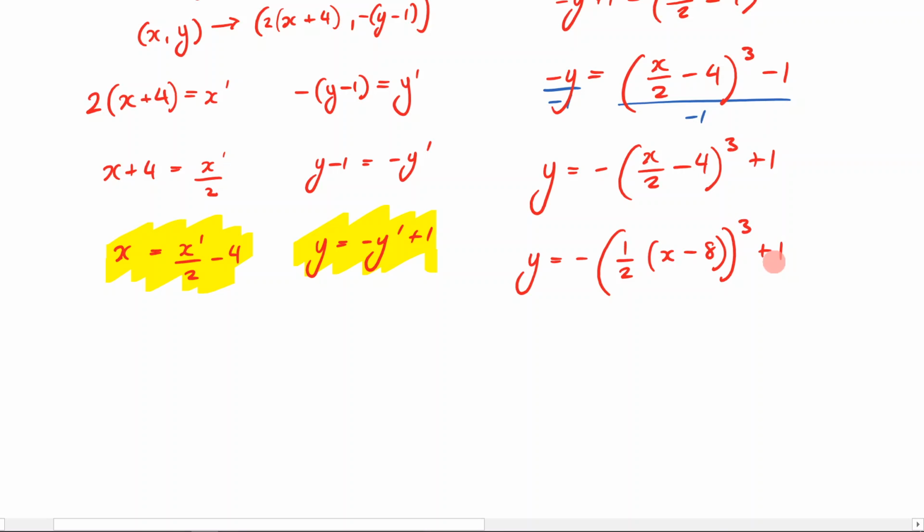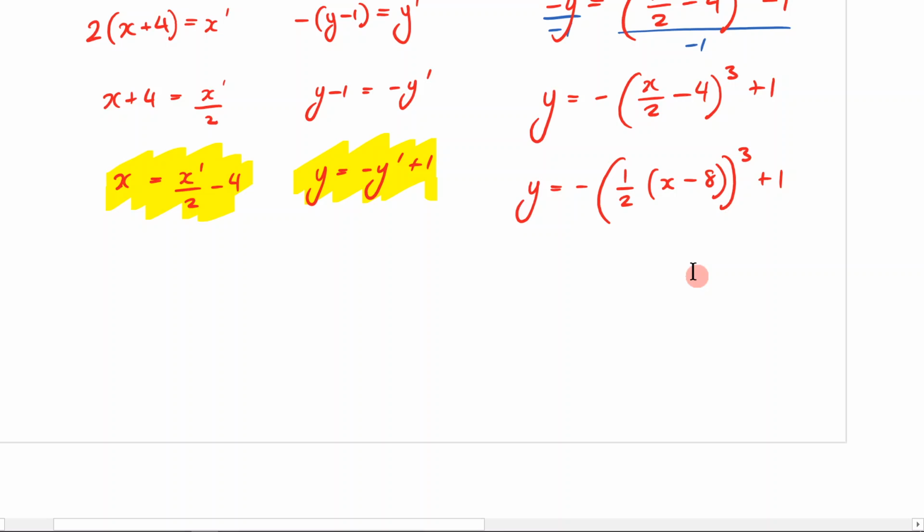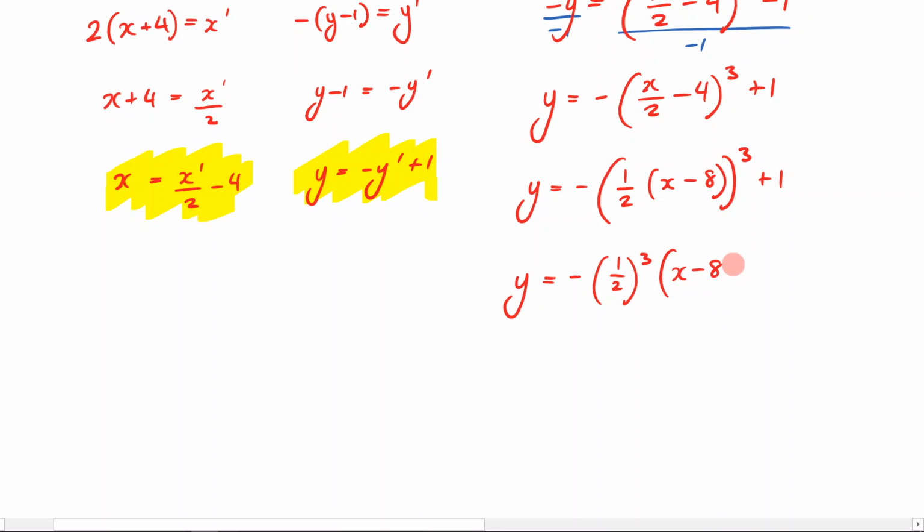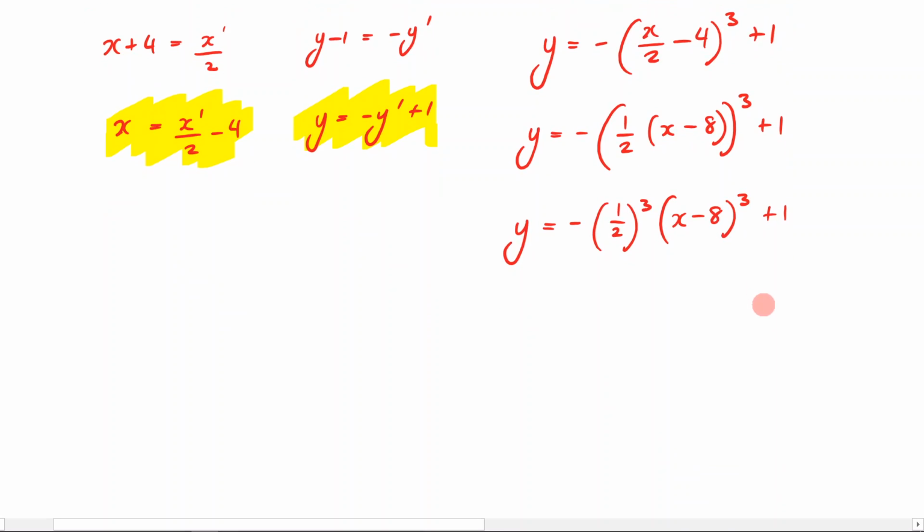Now we have to be careful. This will be cubed and this will be cubed, and I'm going to end up with that, because 1 cubed is 1, 2 cubed is 8: x minus 8 cubed plus 1. Whoa, that's going to be my answer.